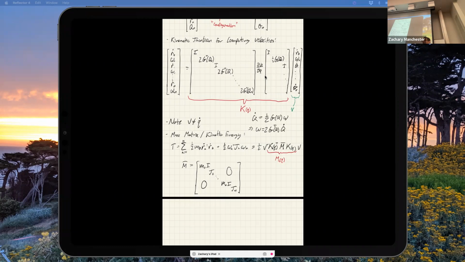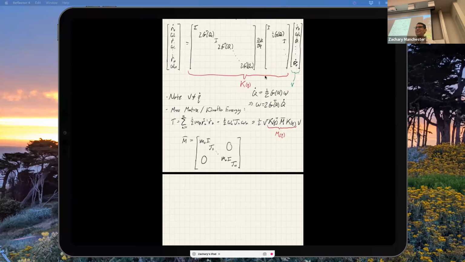That's literally all I do. It's just doing that impedance matching between omega and Q dot on both sides of the matrix. Okay, cool. Next, are we good?